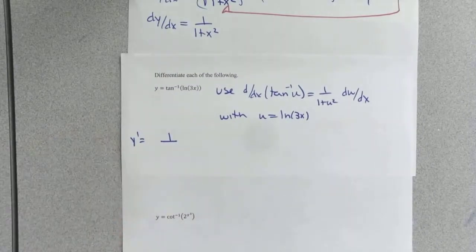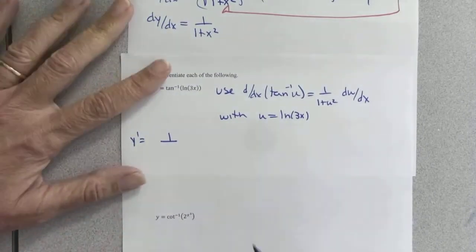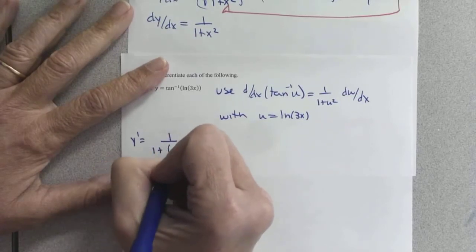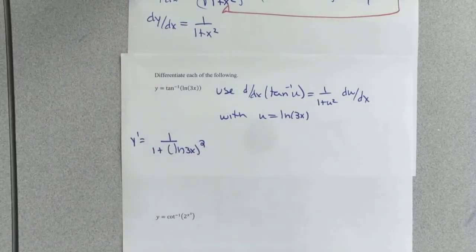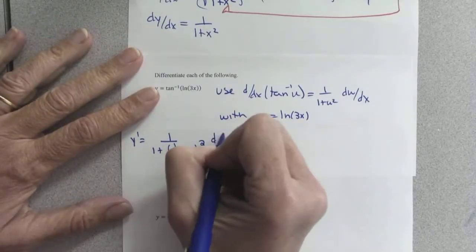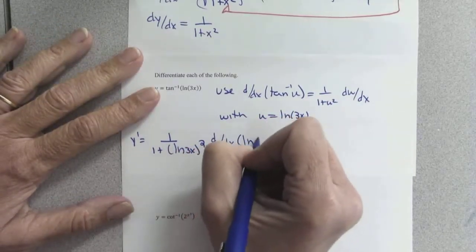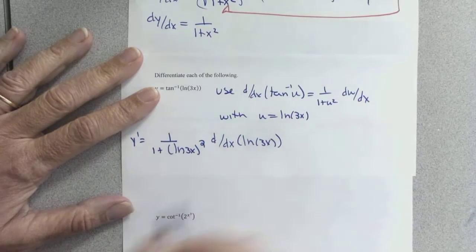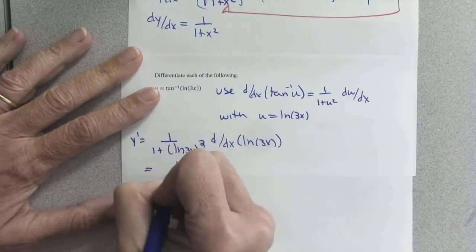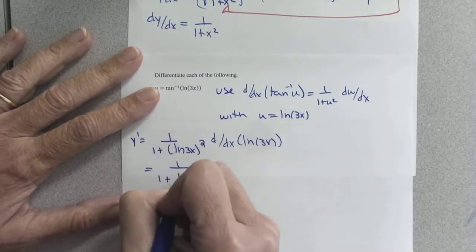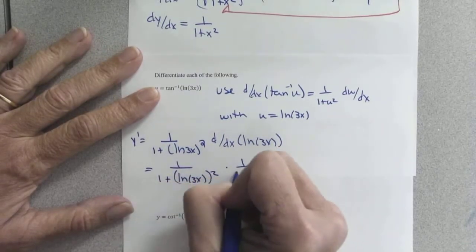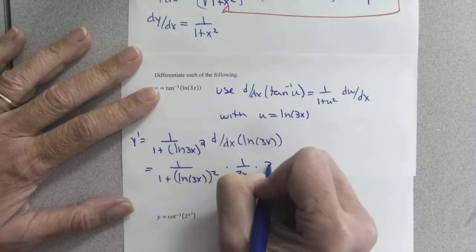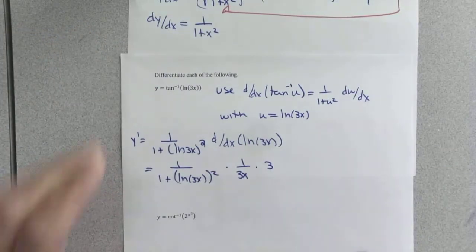So back over here now, using my formula, 1 over 1 plus u squared. But u is the natural log of 3x. Then times the derivative of the natural log of 3x. So 1 over 1 plus the natural log of 3x, quantity squared, then 1 over the argument, derivative of the argument.